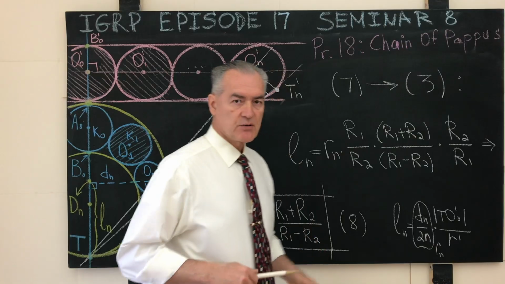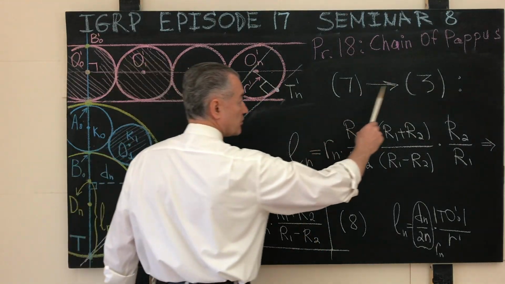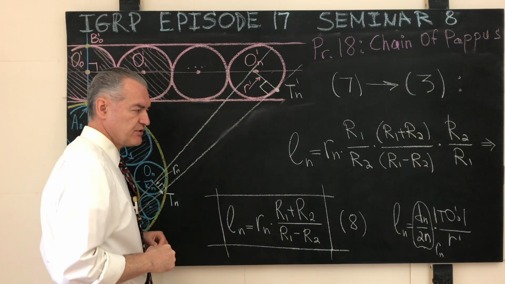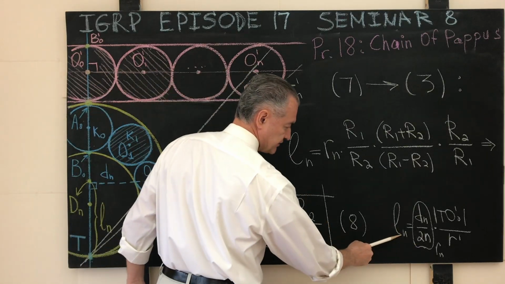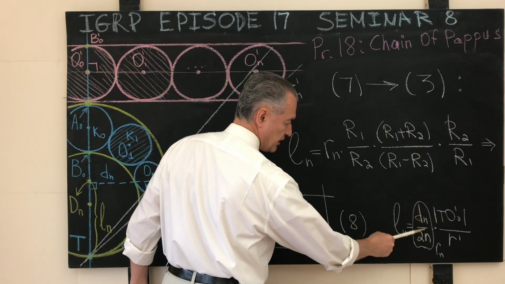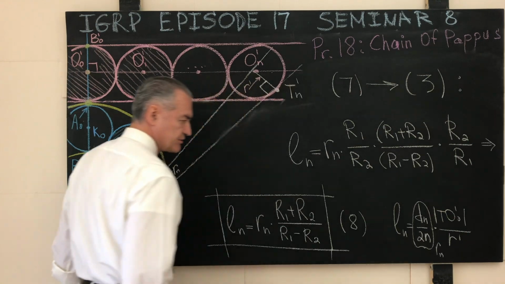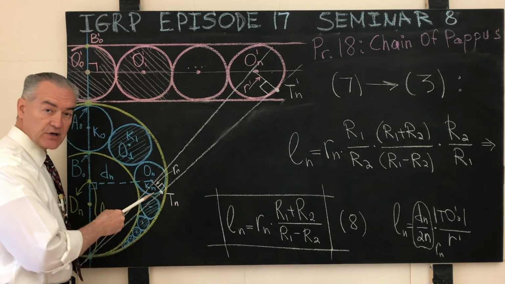Now take the relation number 7 and put it into the relation number 3. Recall that in the relation number 3 we discovered that the distance ln is the ratio of dn to 2n, which amazingly enough is basically rn, the radius of the nth inscribed circle.